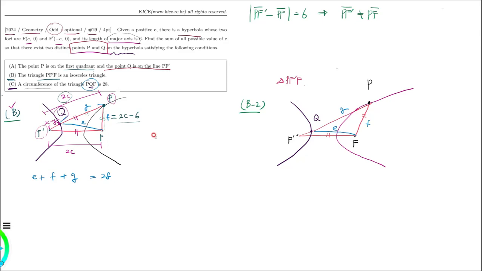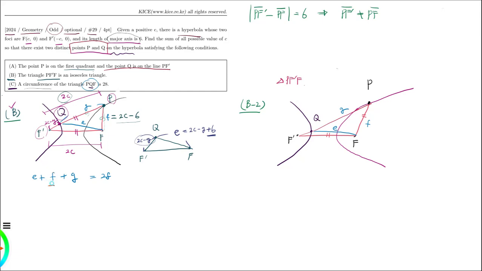And likewise for Q, which is on the hyperbola, I give it a name of length 2c minus g here, and then this is the longer one. The original name is E, and this one should be 2c minus g plus 6, because this is the longer one.